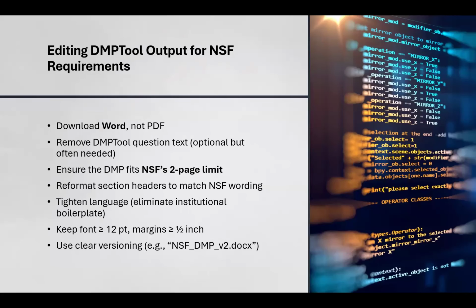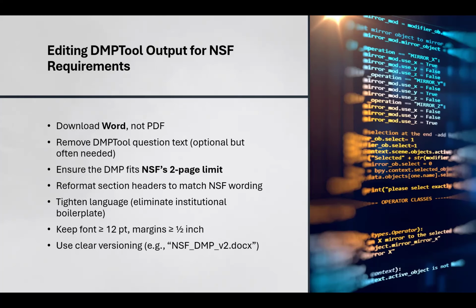And so the DMP output is excellent, but it can be very dense, especially for funder guidance and text. So for NSF, you often need to shorten or tighten or restructure the language, right?